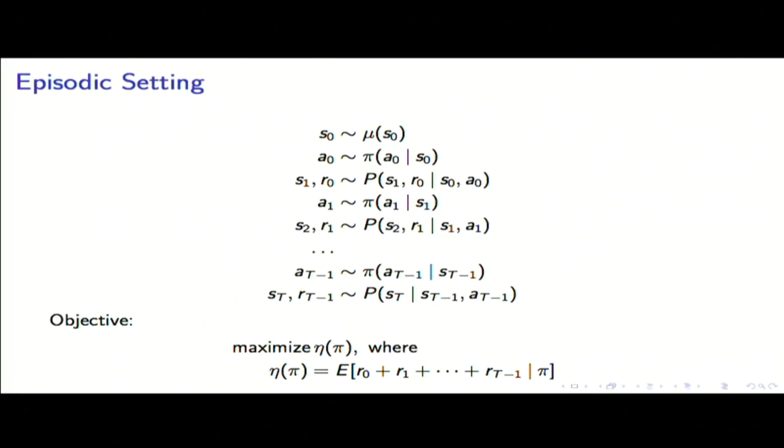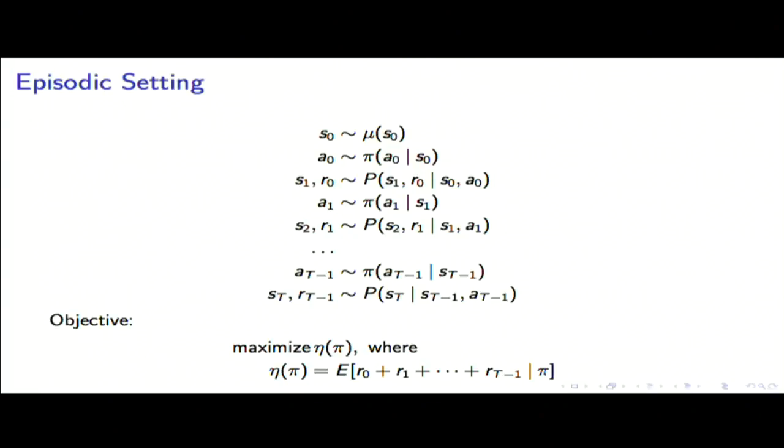So we can just describe this formulation a little bit more formally as a certain kind of stochastic process where you sample the initial state S0 from some probability distribution mu of S0. Then you sample the first action A0 from the policy, which is called pi.